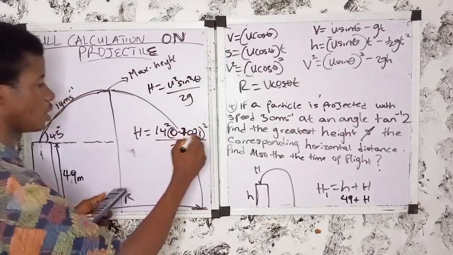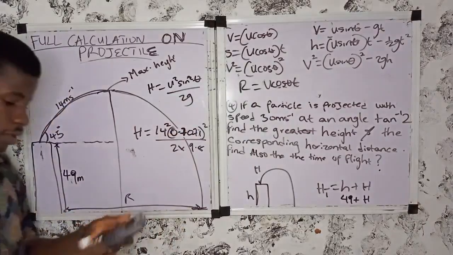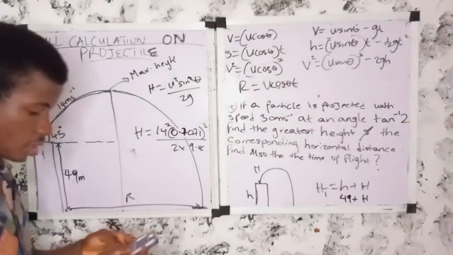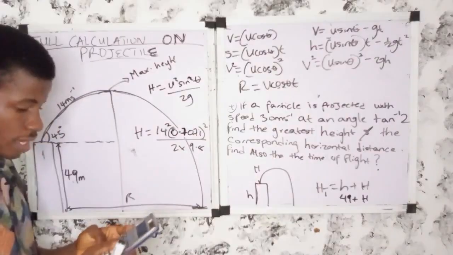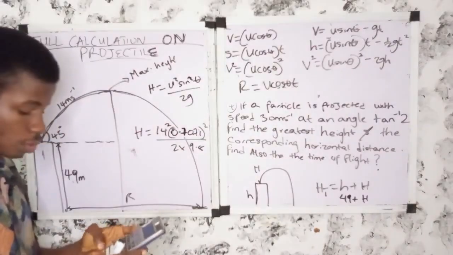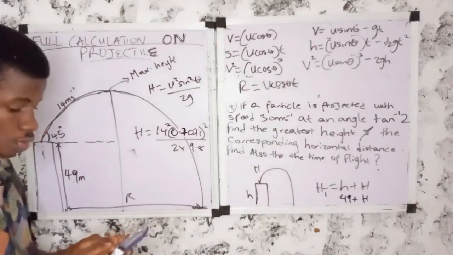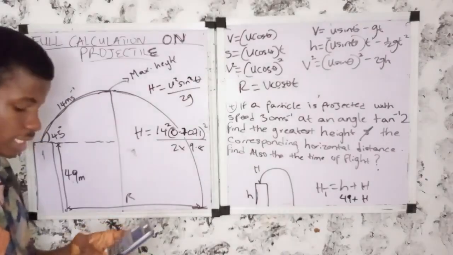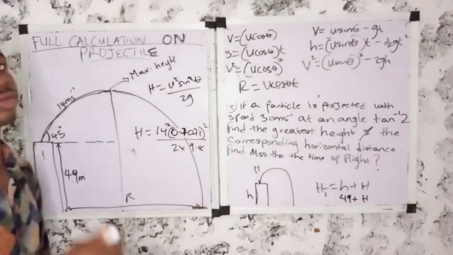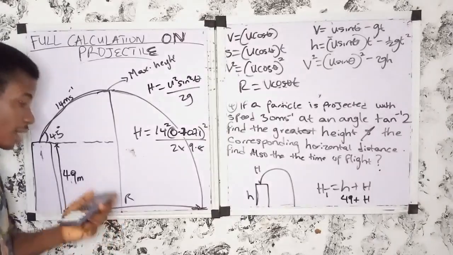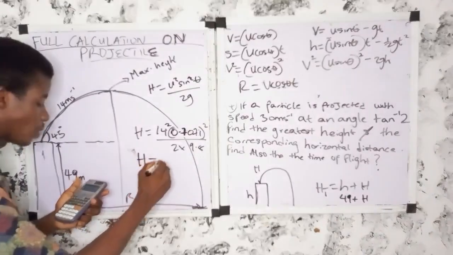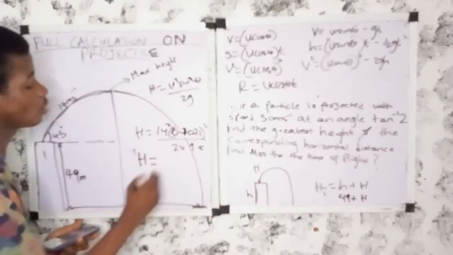Okay, let's do it again. 14 squared, times bracket open, 0.7071, bracket close, all squared, then divided by 2 times 9.8. So our height here is 4.99, which is approximately 5.